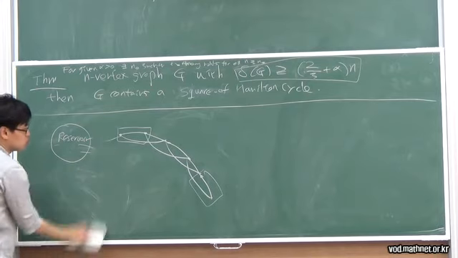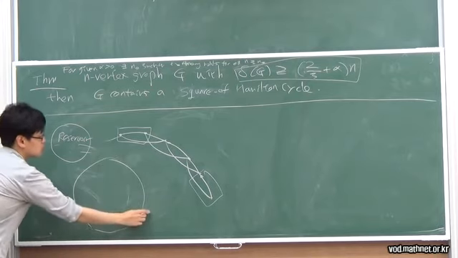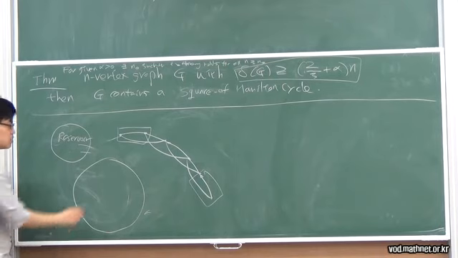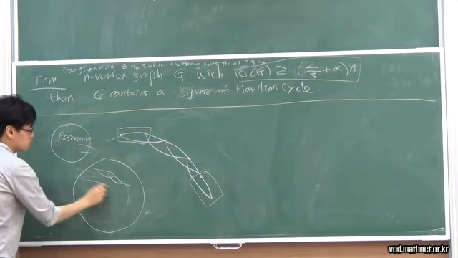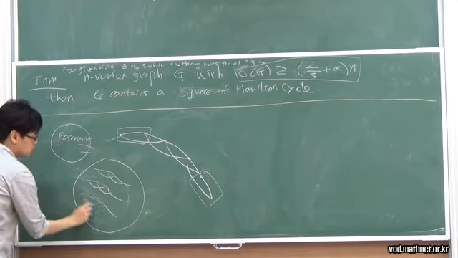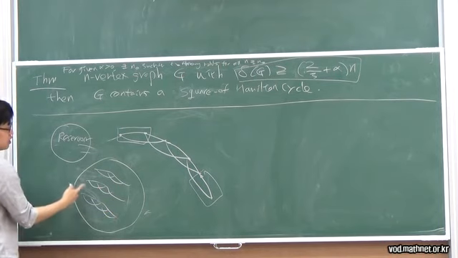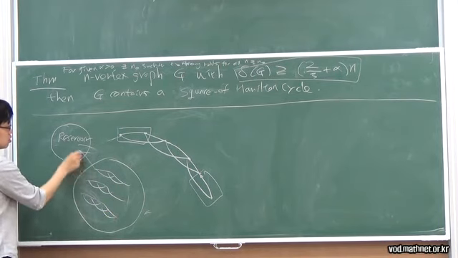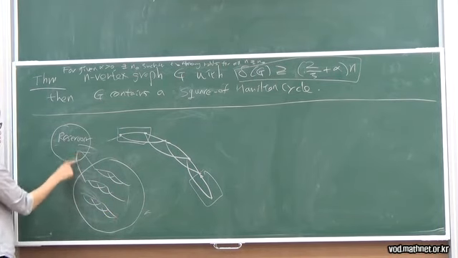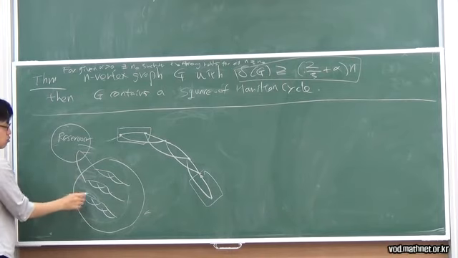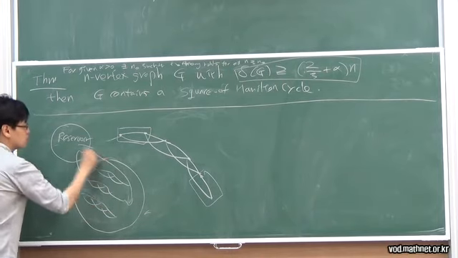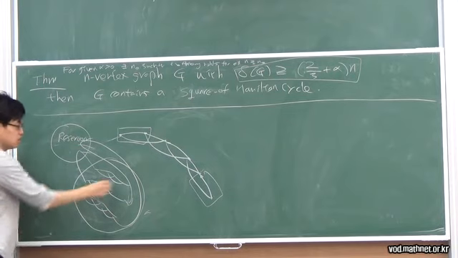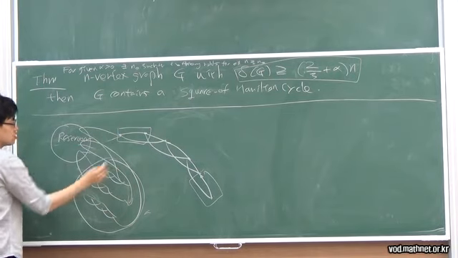And then in the remaining vertices, we grow this square path. When we connect it, we use a constant number of vertices in the reservoir and we connect them, and a constant number of vertices in here, and we connect them.